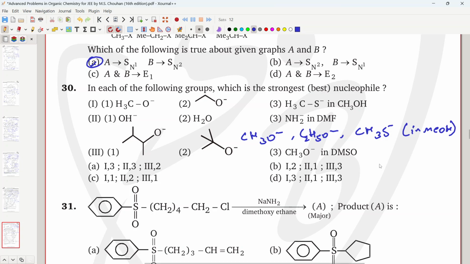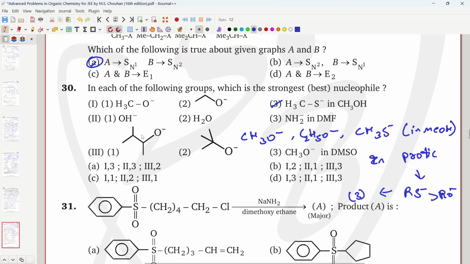In a polar protic solvent, RS minus is greater than RO minus because oxygen is strongly solvated. So the strongest in all of these is 3.